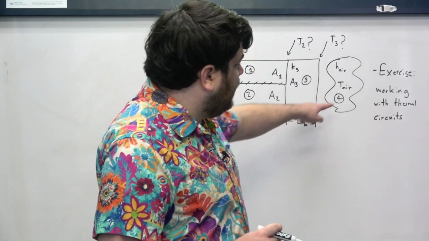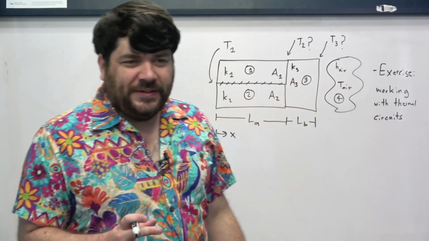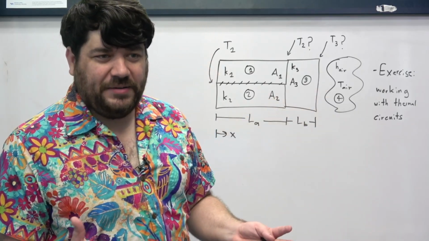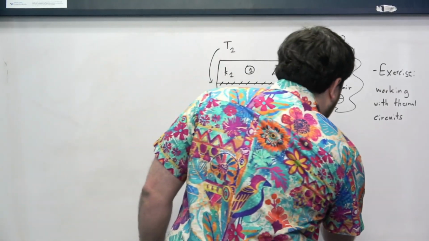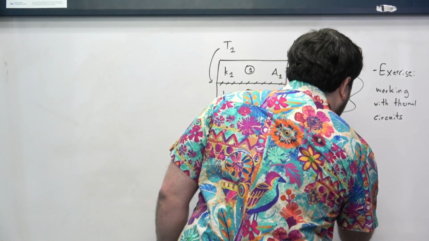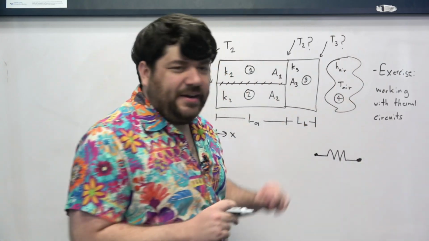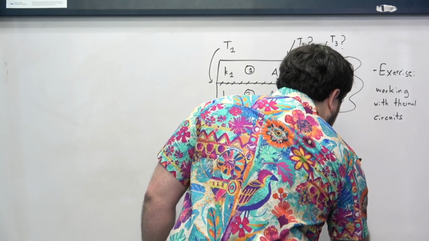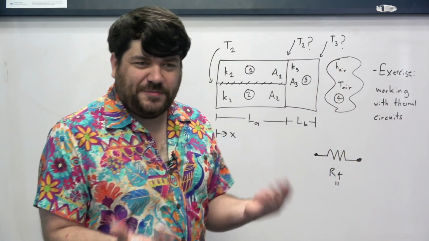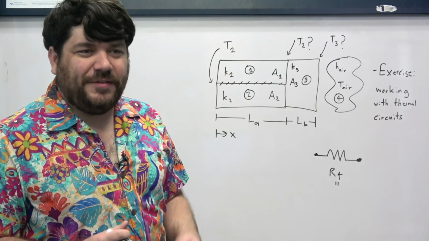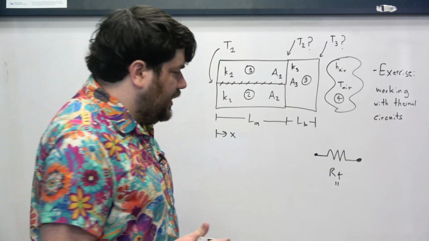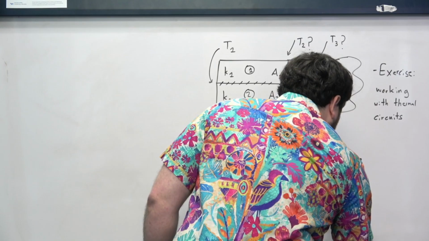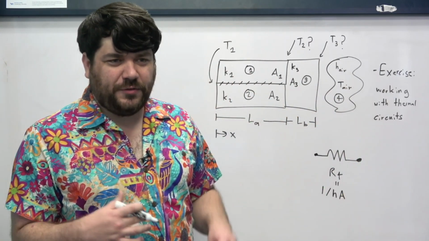Well, the heat transfer between the air and the wall is happening via convection, and as a result, we can replace the air element with a thermal resistance, which I'm going to say is R4, equal to the expression for a convective thermal resistance. Now, that expression was 1 over HA.